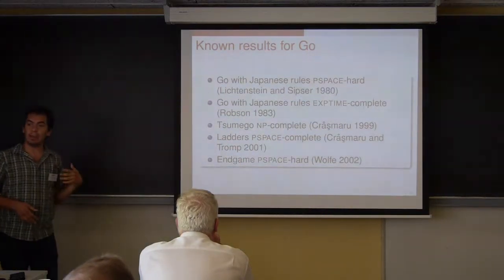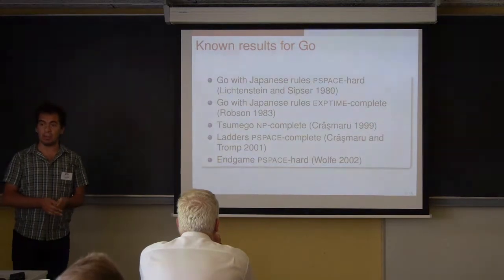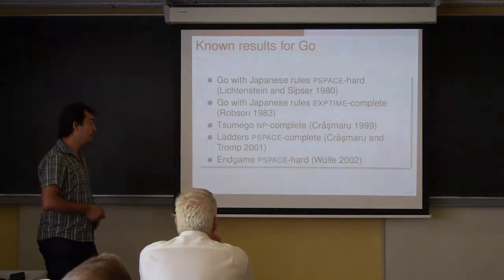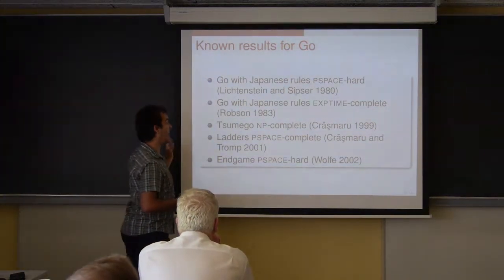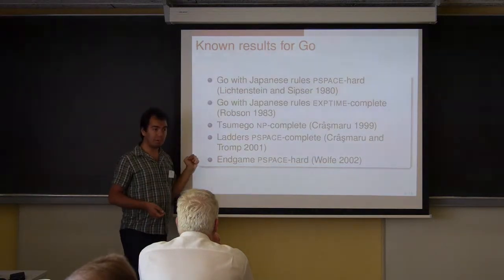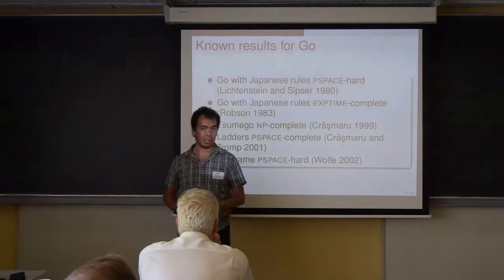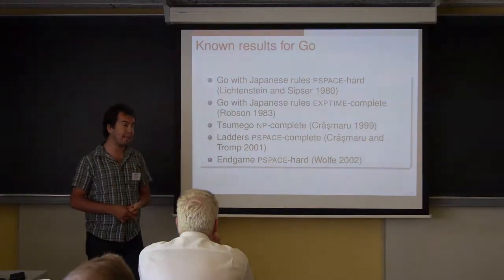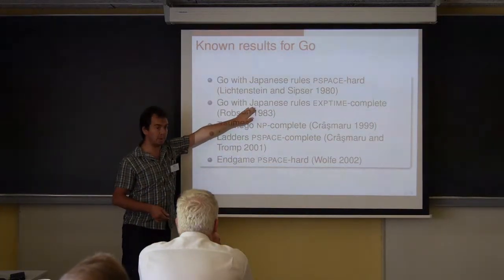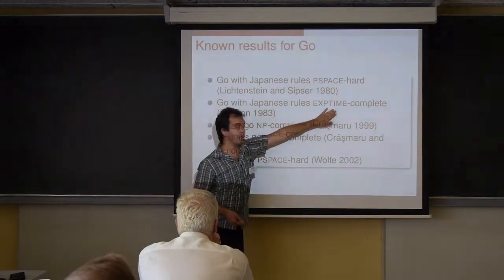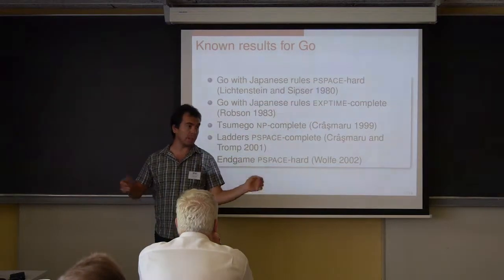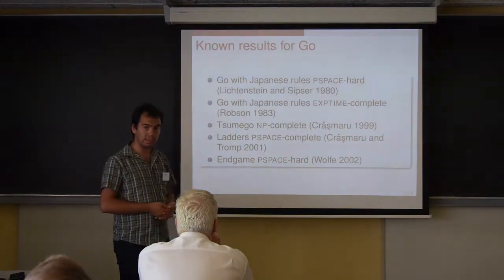So it was among the first problems to be shown to be PSPACE-hard. Then Robson has shown with a very involved proof that it was even harder. It was EXPTIME-hard, and it's actually EXPTIME-complete once you use the Japanese rules. This result, we do not know if it holds or not for Go with Chinese rules.